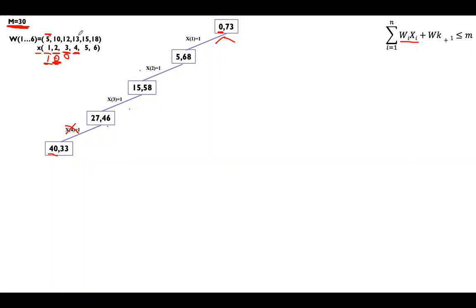Previously these three values, 27, plus this 13, is 40. It is not less than or equal to m. So we'll not take this step. We'll not go further. We have to stop here only.